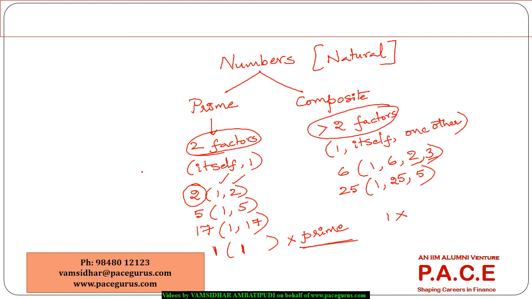Now, there are a lot of interesting things that people talk about when we bring in prime numbers. So some of the things that I would like to bring out, it's better that we remember the list of prime numbers between 1 and 100.